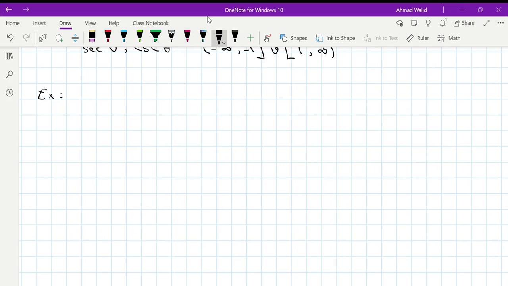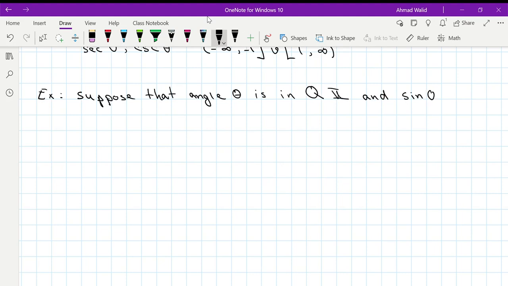Suppose that angle theta is in quadrant 2, and sine of theta equals 2 over 3.